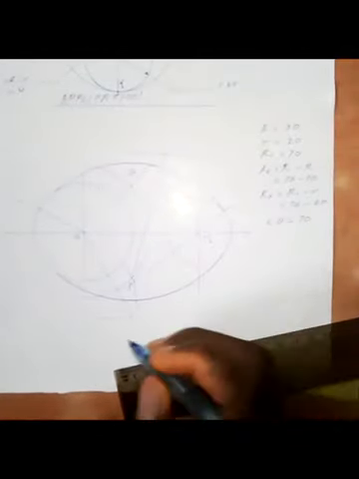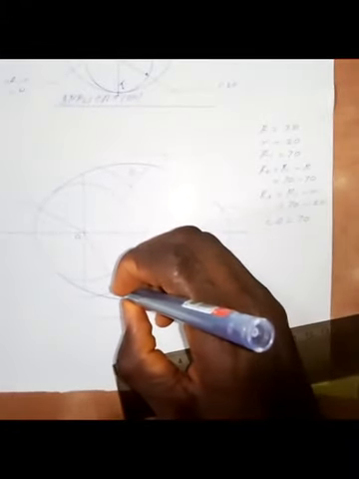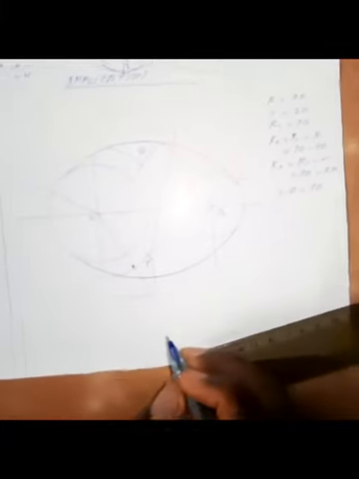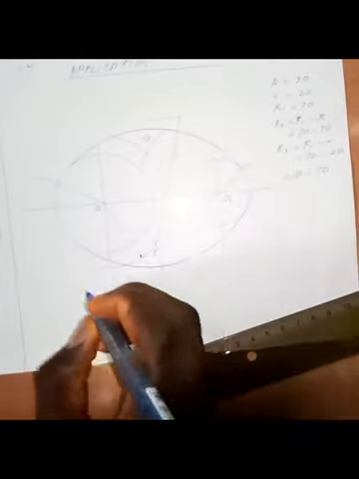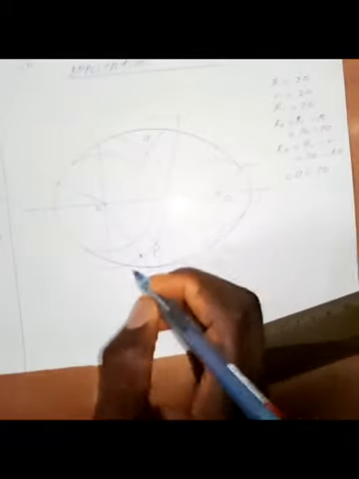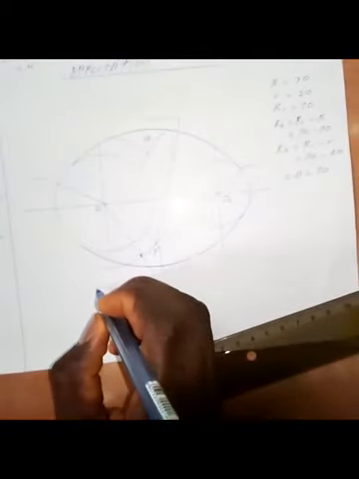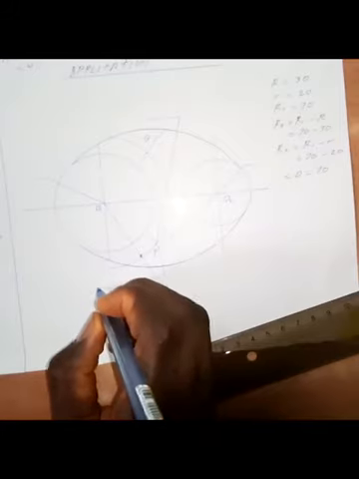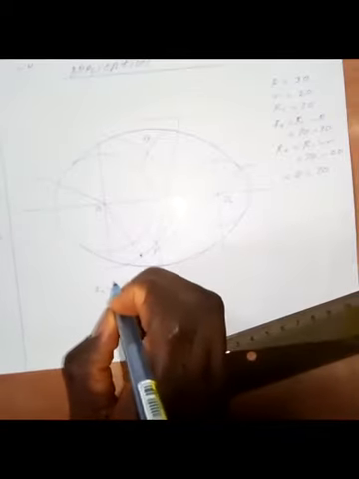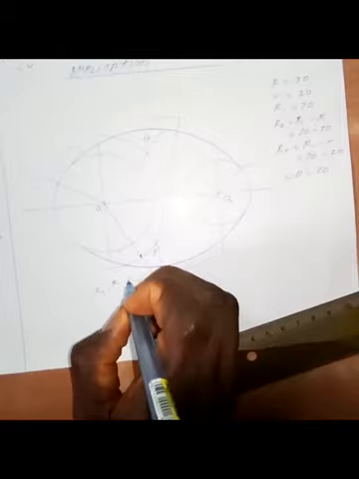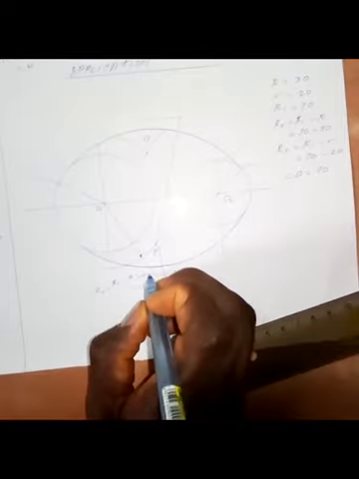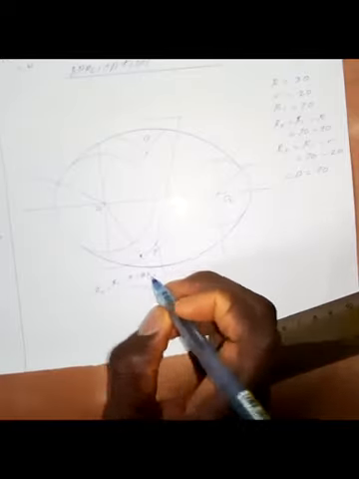Okay, so here is R2, which is equal to R1 minus R, and this is equal to 40 mm.